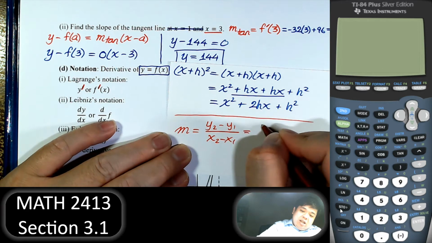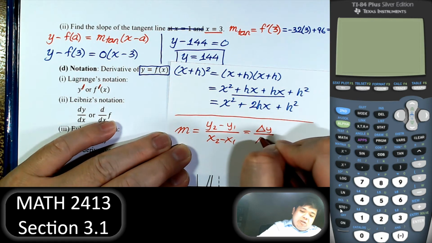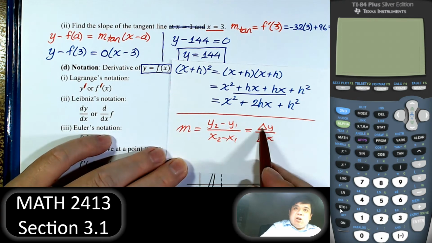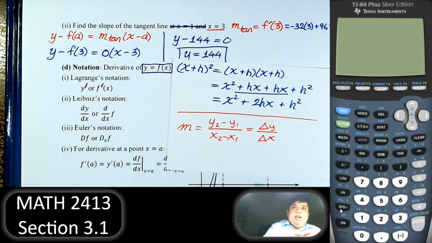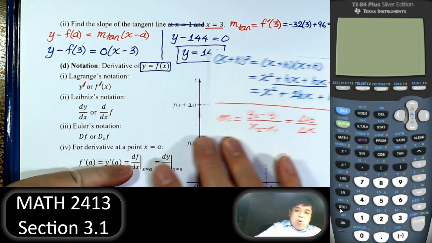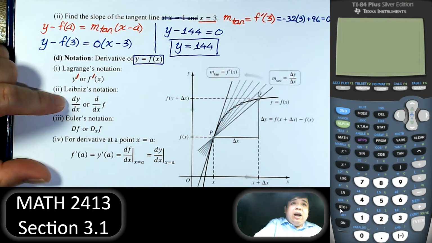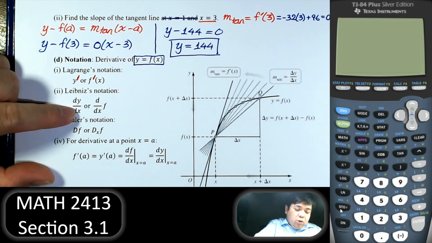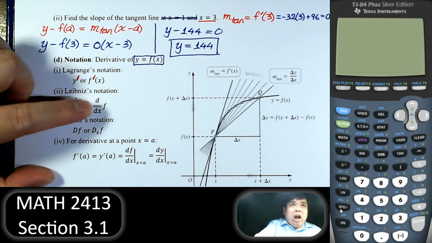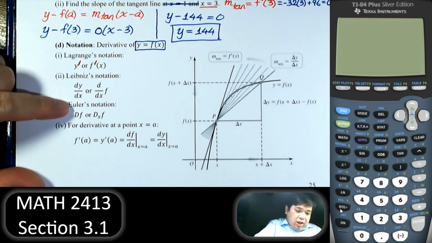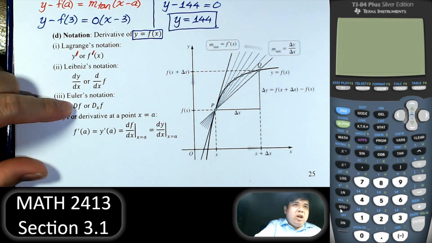So here we can say the difference of the y over the difference of x, and that delta we change to d. Of course, we will study this also in a future section. But for now, we can write the notation d over dx for the derivative. Could be y, could be f. We rarely use this notation.